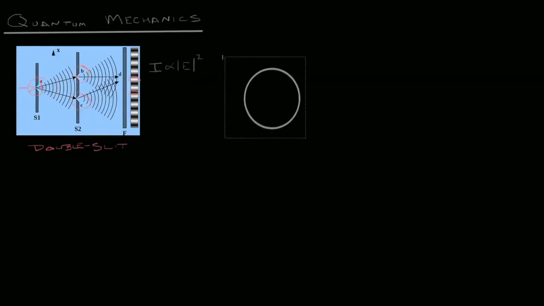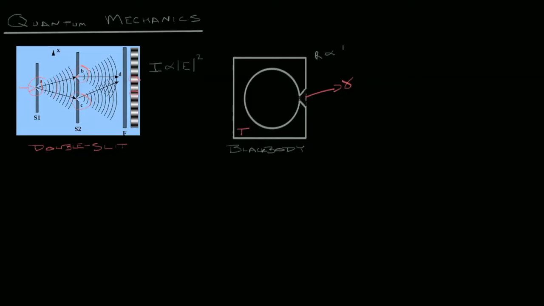The next phenomenon is blackbody radiation. In this situation, we take some sort of material, change its temperature, and we find that as we change its temperature, it begins to emit electromagnetic radiation with certain characteristics. And classical theory predicted that the radiation intensity would be inversely proportional to the fourth power of the wavelength.